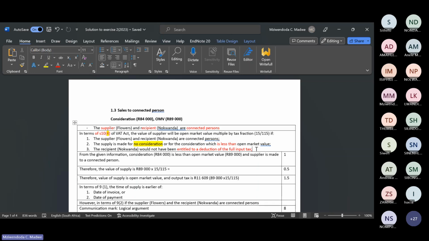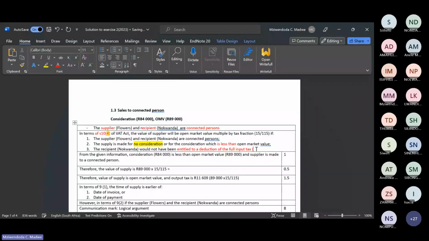So if I go to our exercise 2, they say Flower Ltd is owned by Nogwanda and Sbusiso. Okay, and there is no indication. Maybe we should go to note 2. Under note 2, there is a statement which says that Nogwanda is not a registered VAT vendor.